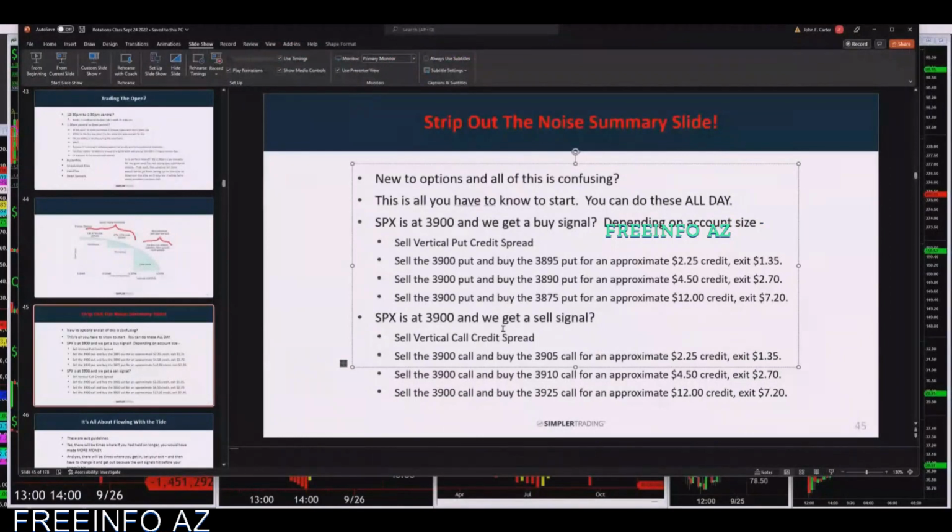Tip: to figure out your exit, take your credit received and multiply by 0.6. 450 times 0.6 equals 270.